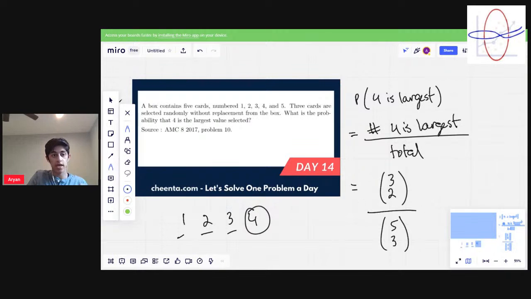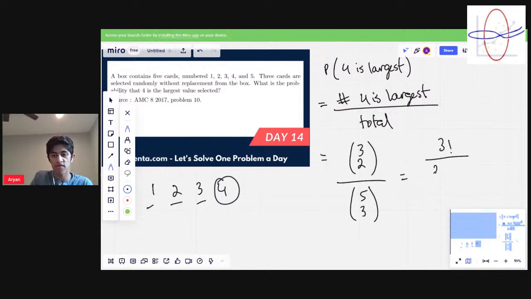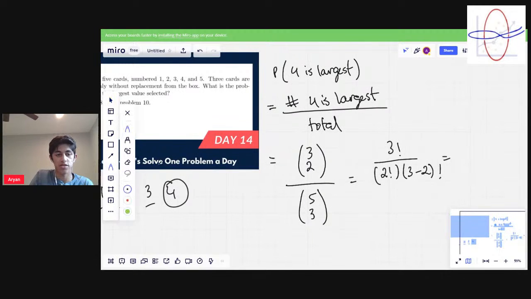And just as a quick review, 3 choose 2 and 5 choose 3, this notation, these are called binomial coefficients. And 3 choose 2 would be calculated as 3 factorial divided by 2 factorial times 3 minus 2 factorial, right? So the numerator, 3 factorial, is 6.